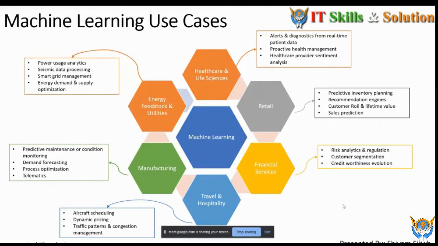Demand forecasting is what? There is one application of machine learning called food demand forecasting. In your locality there are a lot of people who didn't get food, so there is one machine learning application which tells you that yes, this is the locality where a lot of people are hungry and didn't get proper food.